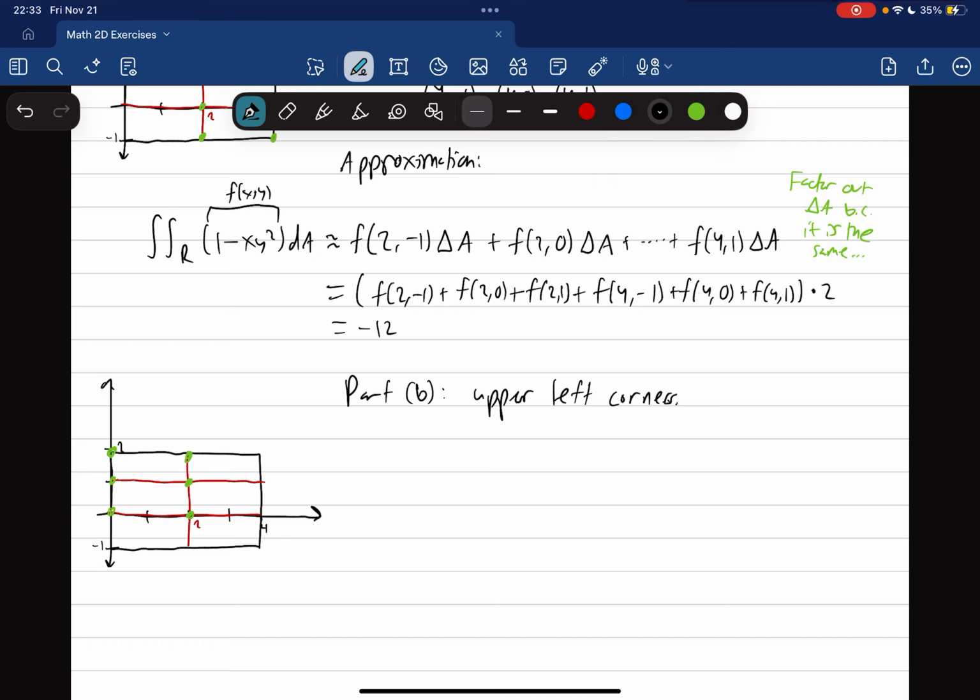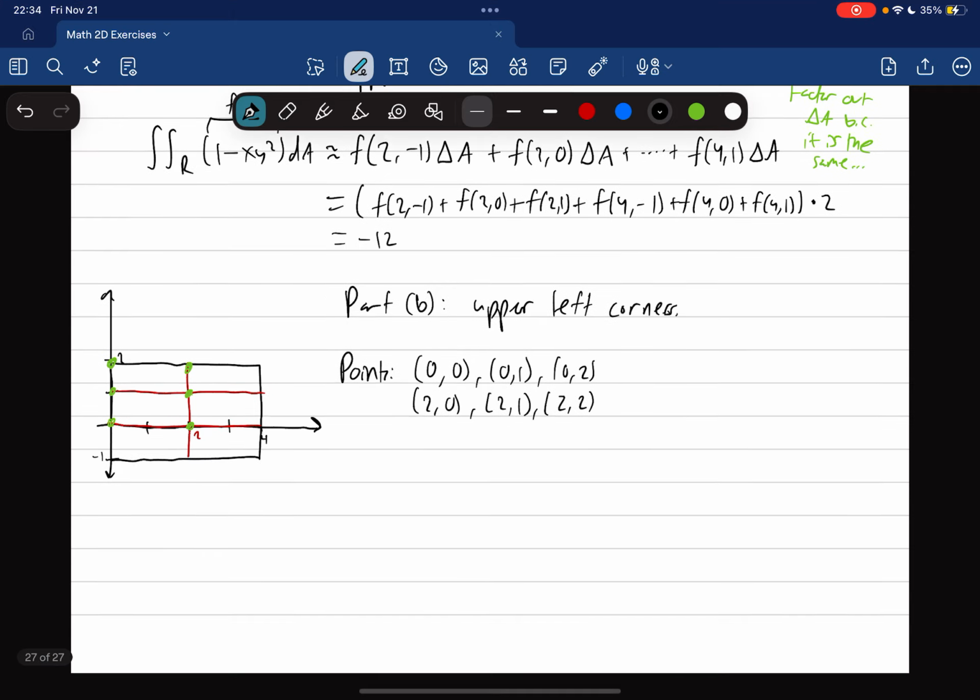And so now, listing our points, they're just going to be 0, 0, 0, 1, 0, 2, and then 2, 0, 2, 1, and 2, 2.